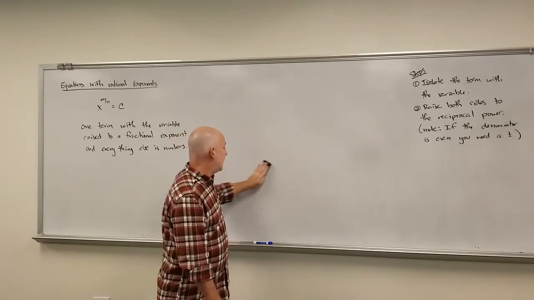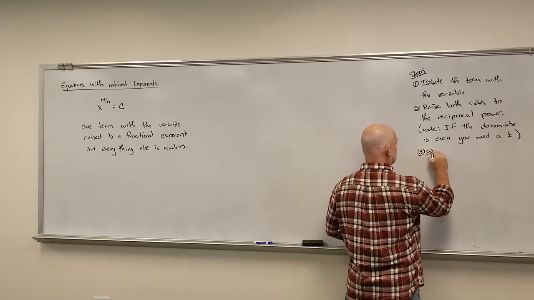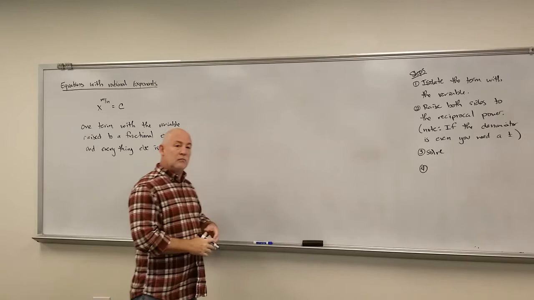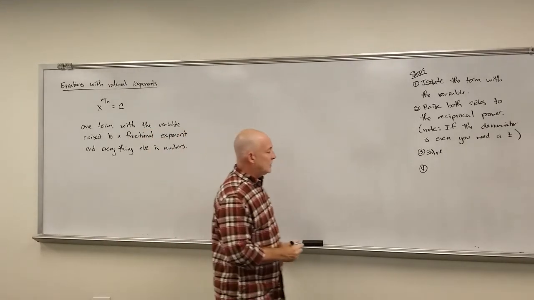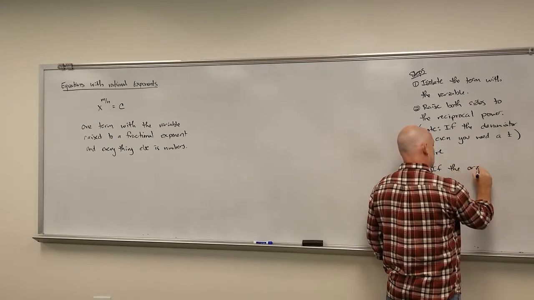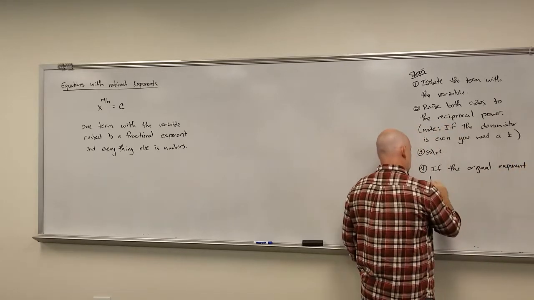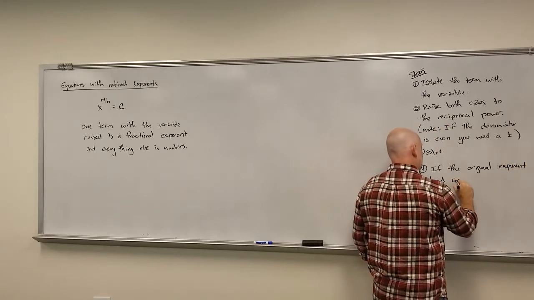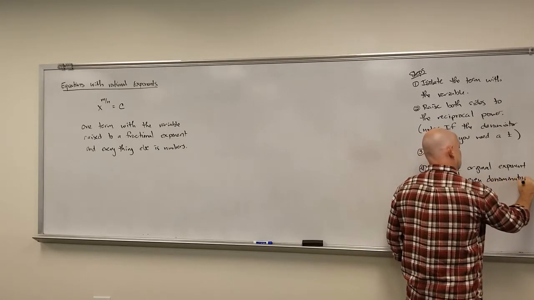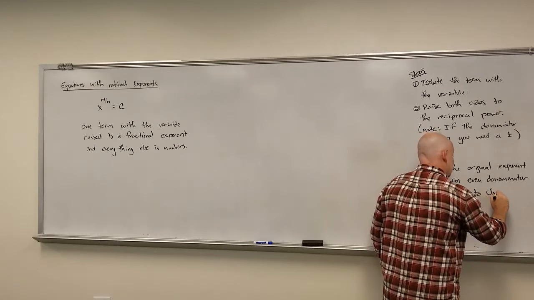Okay, once you've done that, you may have to solve a simple little equation after that. So next one, I'm just going to say solve whatever's left over. Now, 4 isn't much of a step, or may not be much of a step, but if the original exponent had an even denominator, you have to check.